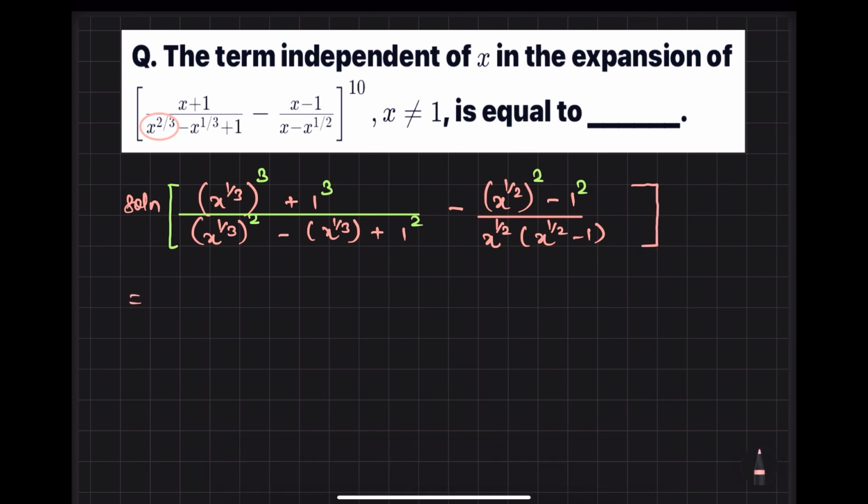Okay, so now look at this. Let's apply the formula. So it is a cube plus b cube. So can I write (a plus b) into (a square plus b square minus ab)?